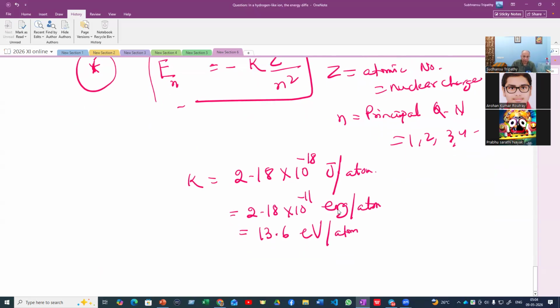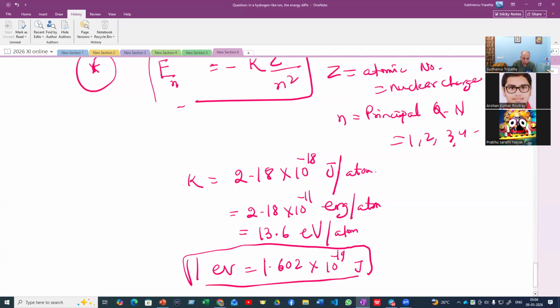And let me remind you, 1 electron volt is the same magnitude as the charge of 1 electron or 1 proton, 1.602 times 10 to the minus 19 joule. That is the conversion between electron volt and joule. 1.602 times 10 to the power negative 19 joules.